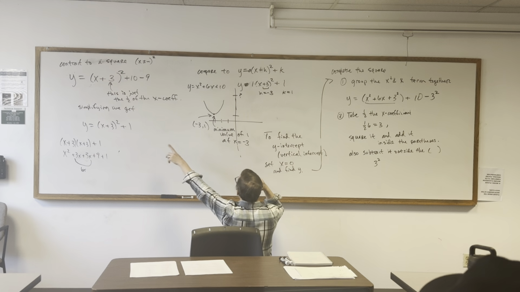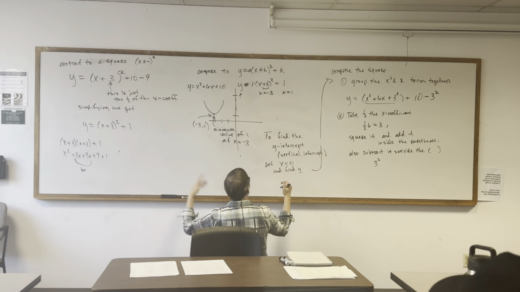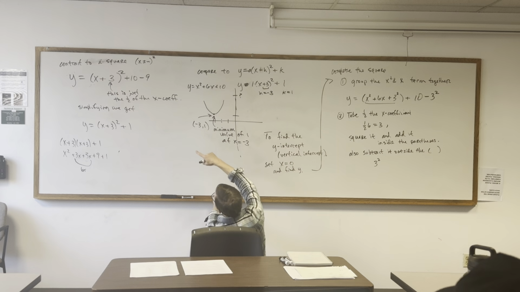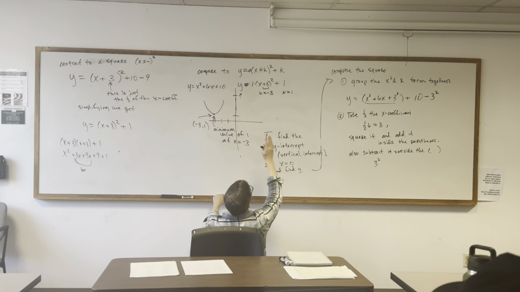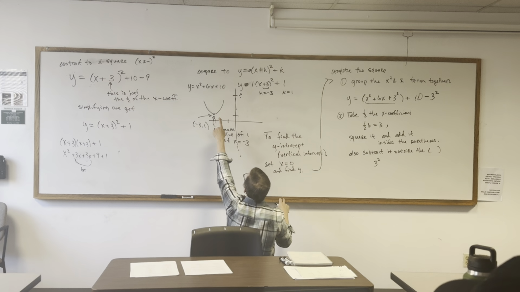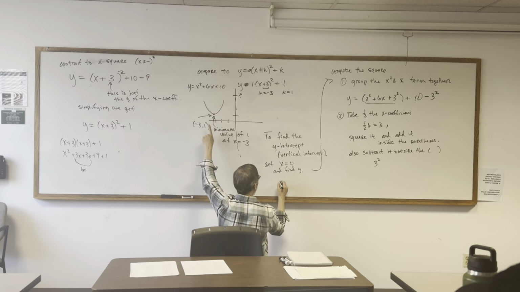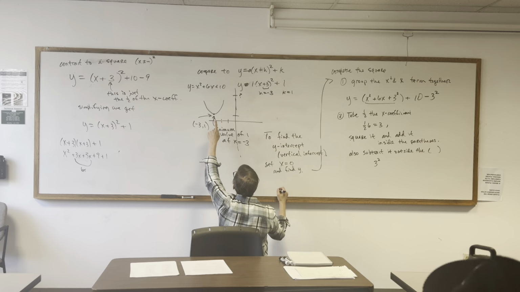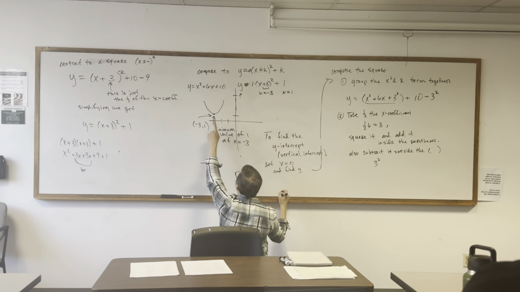So you can go to the original. Let's see, where is the original? Oh, right there. Thank you. So when I put in x equals 0, I get 10 out.